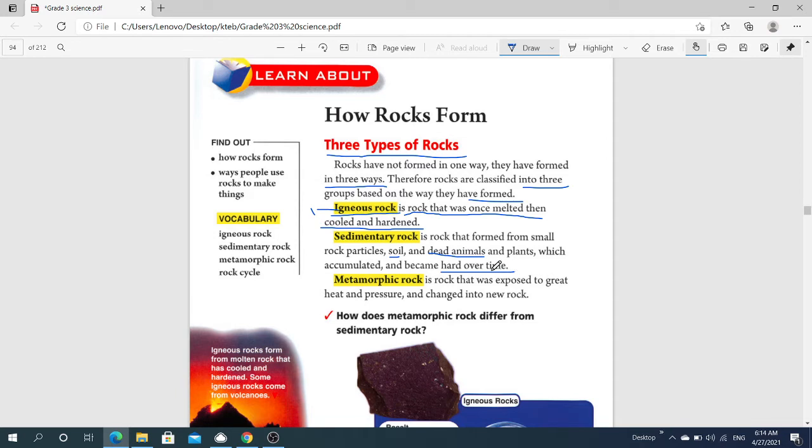They need many years to make this rock, because the soil and the dead animals and plants accumulate and become hard over time.